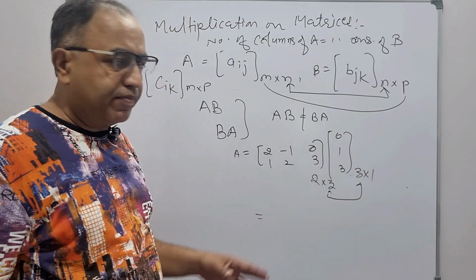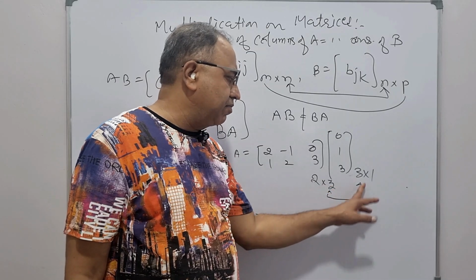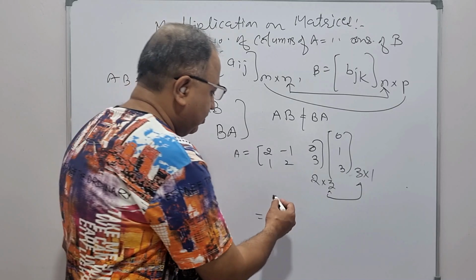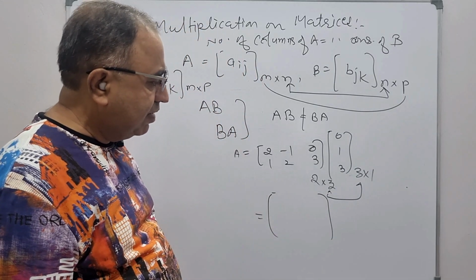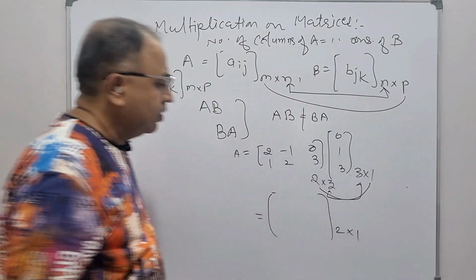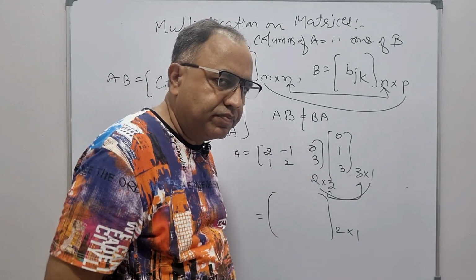First you check whether AB is possible. Yes, because the number of columns of A is same as the number of rows of B. So we can multiply. Now what is the order of the resulting matrix? It will be 2 by 1, that means 2 rows, 1 column.